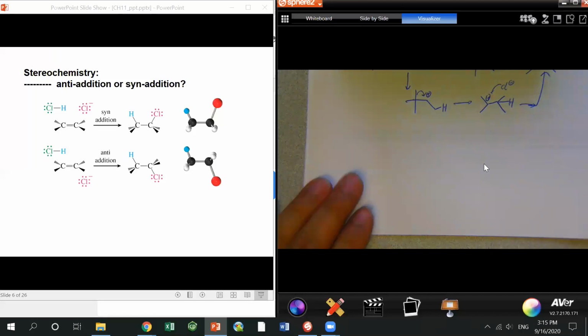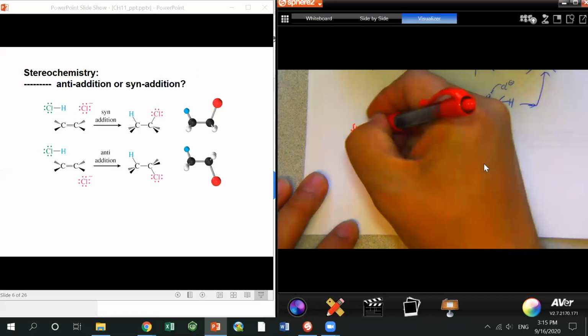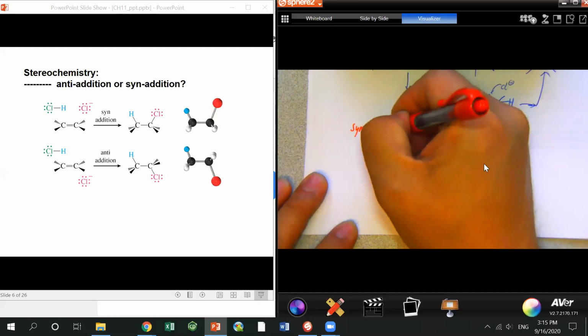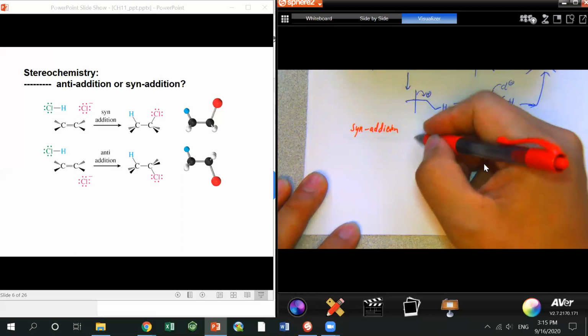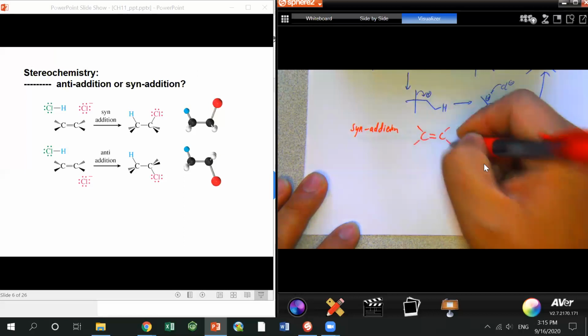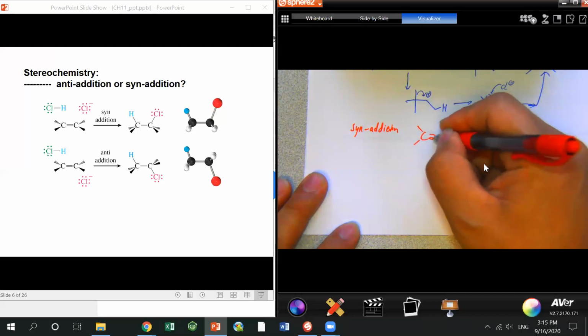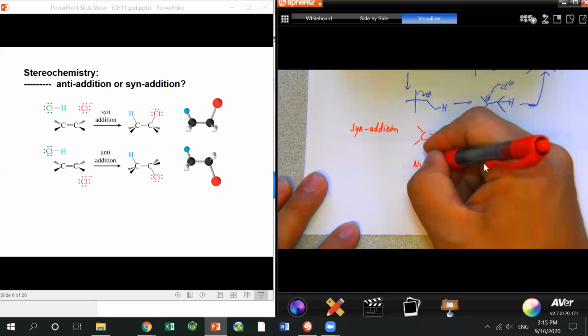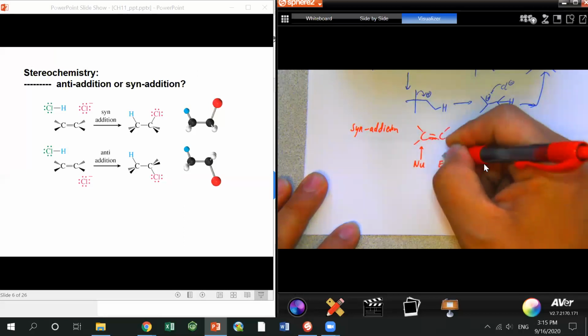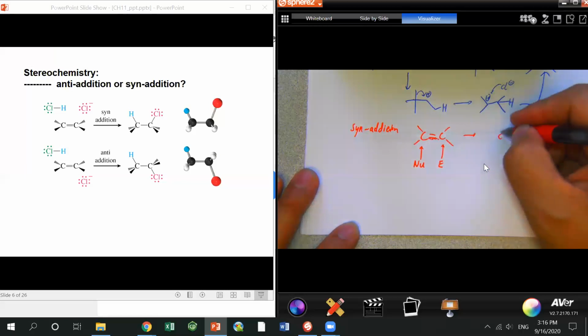So what is syn addition? In syn addition, the nucleophile and the electrophile add on the same side of the carbon-carbon double bond. The nucleophile and electrophile go to the same side, and eventually you generate what we call the syn addition product.